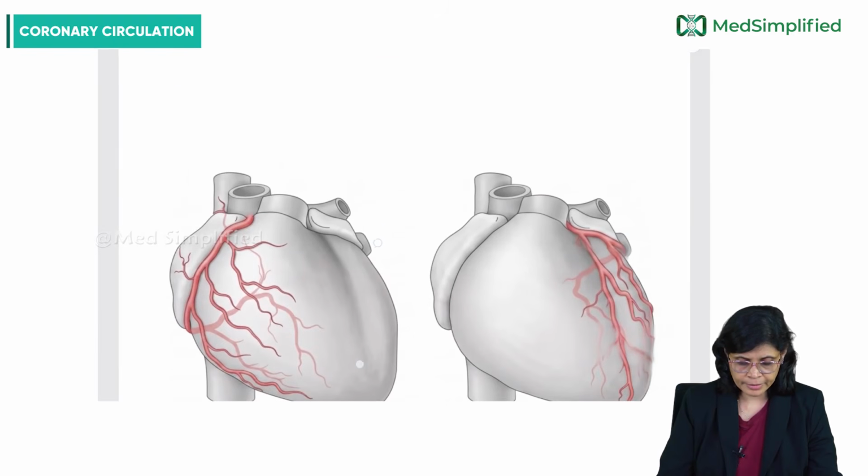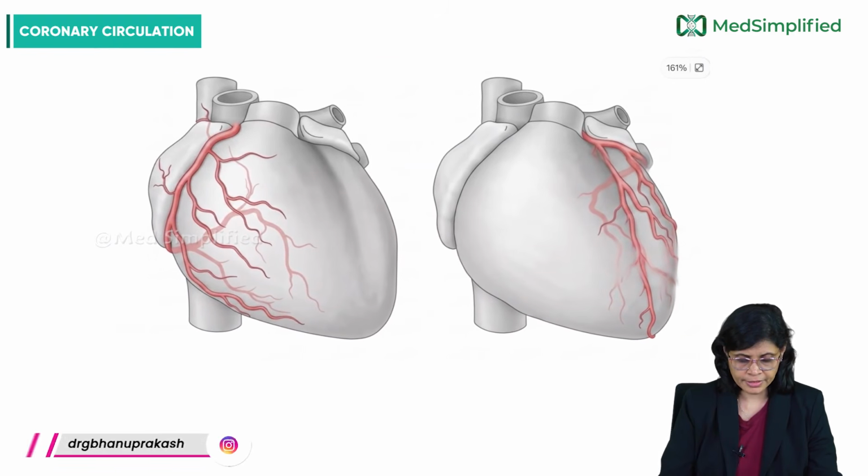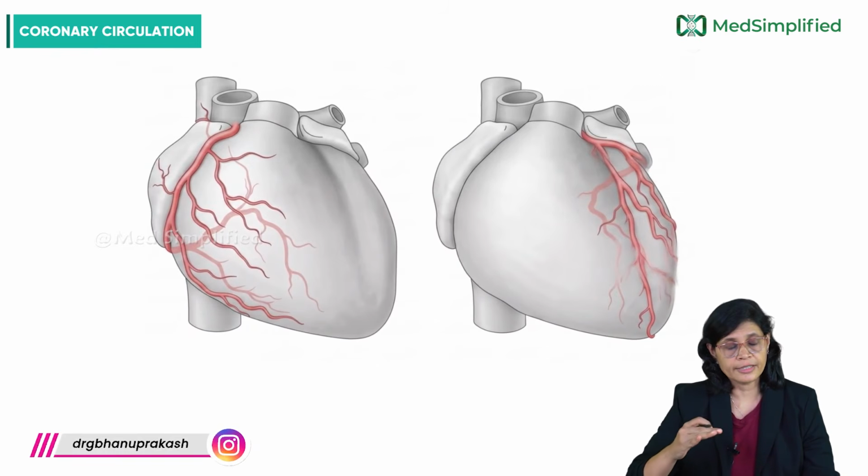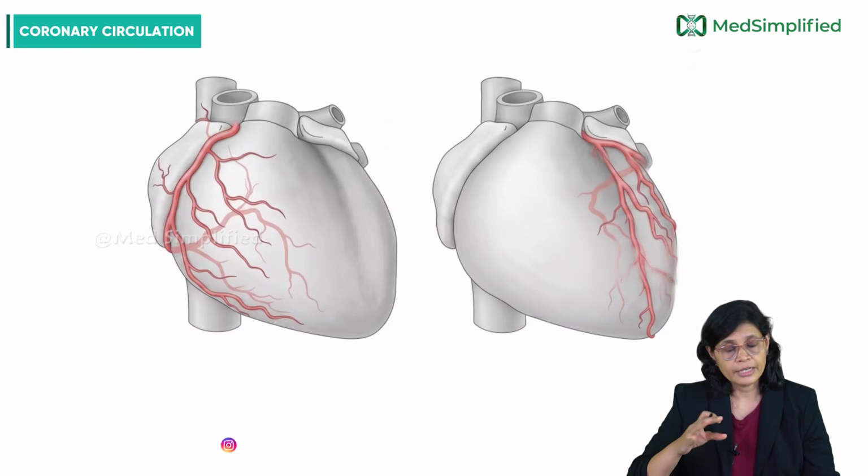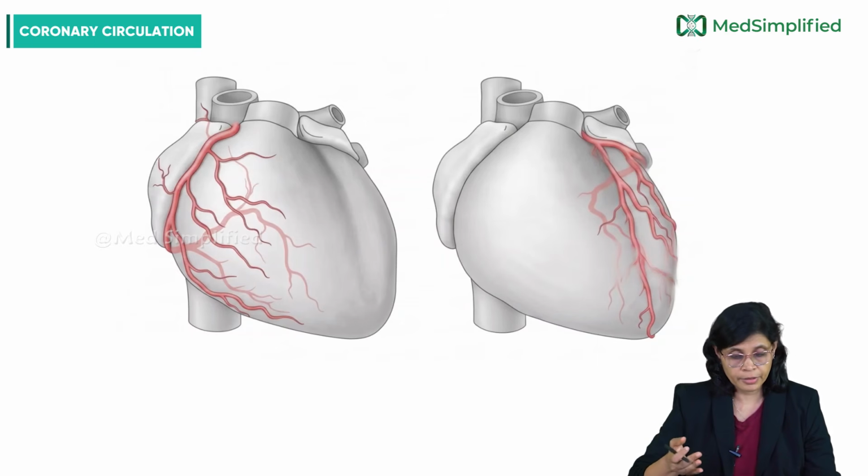Now let's look at the branches of each of these coronary arteries. The right and the left coronary arteries will give atrial rami and ventricular rami, that is atrial branches and ventricular branches.